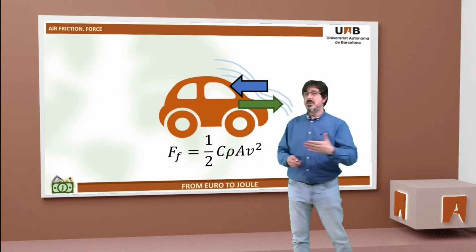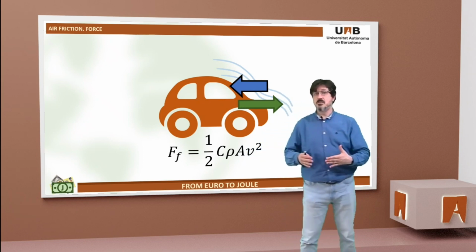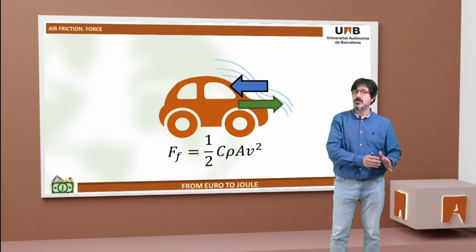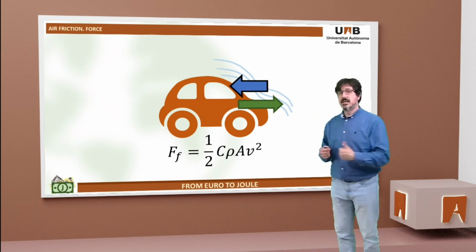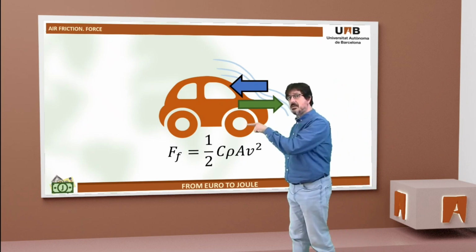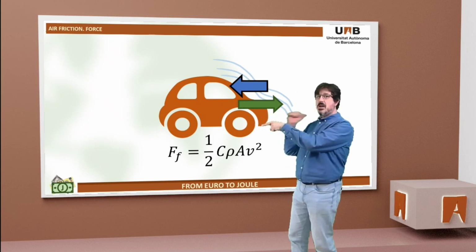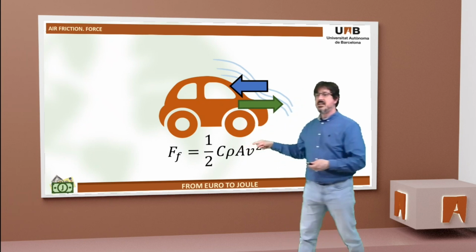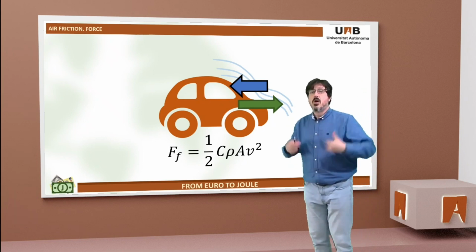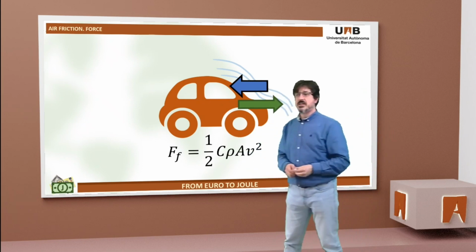When we go on the highway at constant speed, the acceleration is zero, so this means that the total force is zero. This does not mean that the force of my motor is zero, but that the force that my motor is doing is just equal to the force that the air is doing against me. And this cancellation allows me to go at a constant speed.